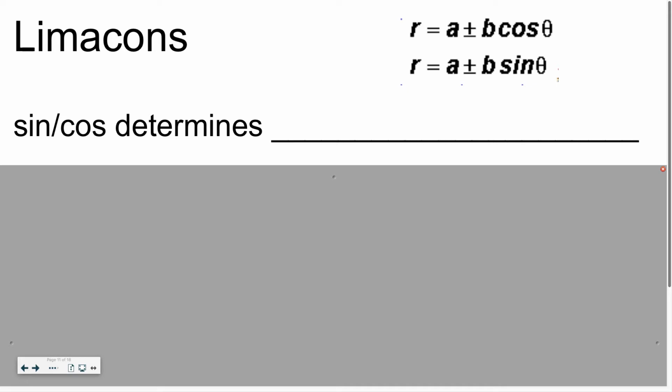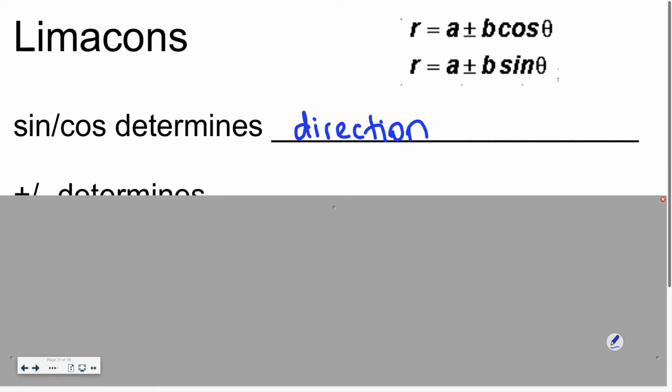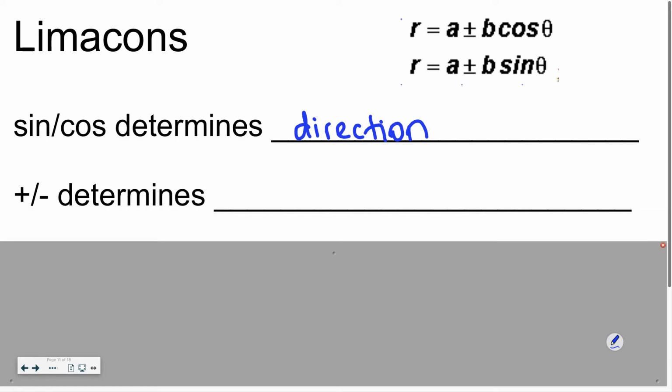The sine versus cosine is going to determine the direction of our limaçon. I guess these both determine direction, right?